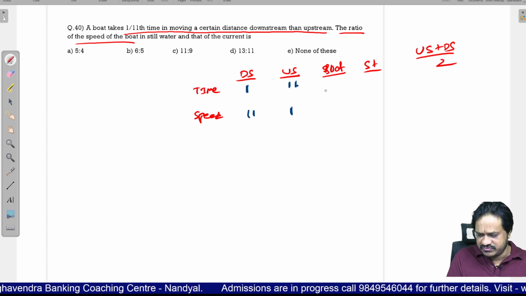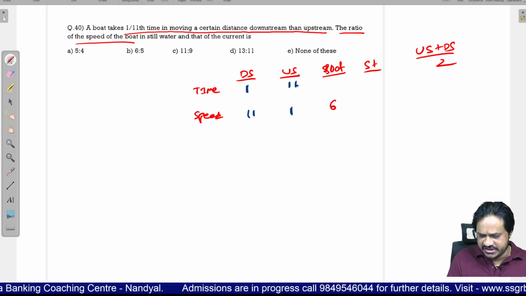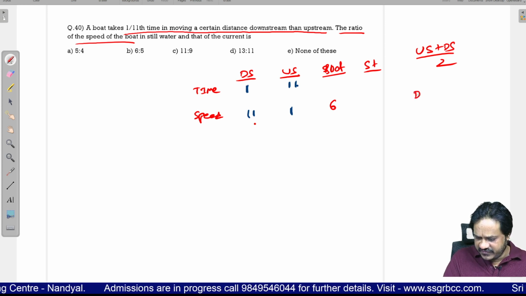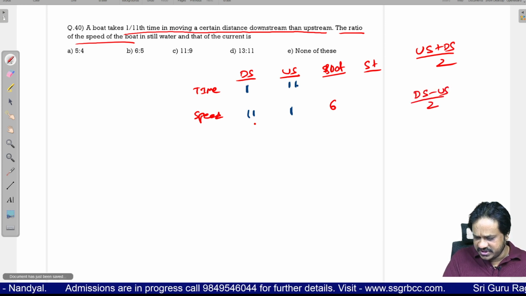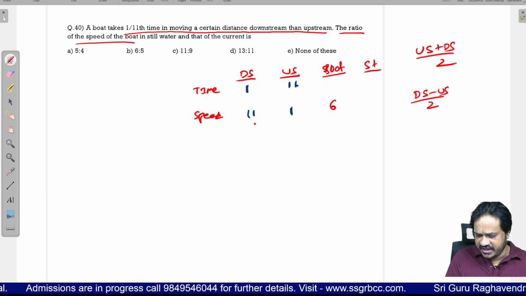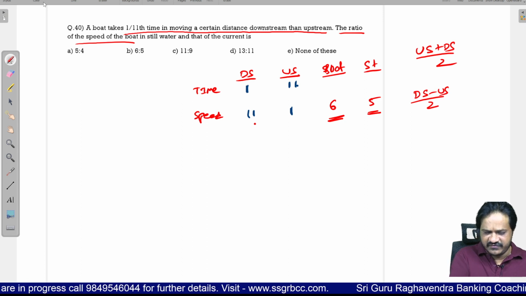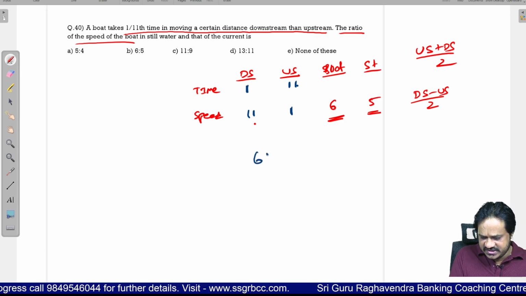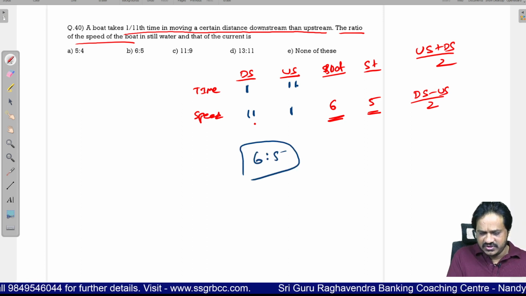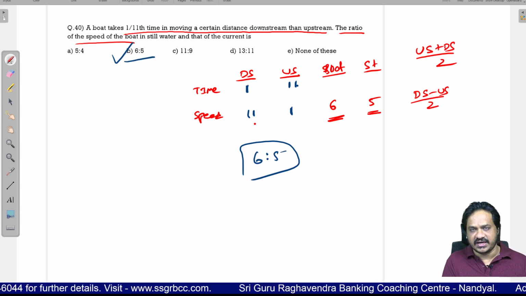So 11 plus 1 is 12, 12 by 2 is 6. And what about stream speed? The difference of downstream and upstream divided by 2. 11 minus 1 is 10, 10 by 2 is 5. So boat speed is 6 parts, stream speed 5 parts. The answer is 6 is to 5. So option 2 is the correct answer.